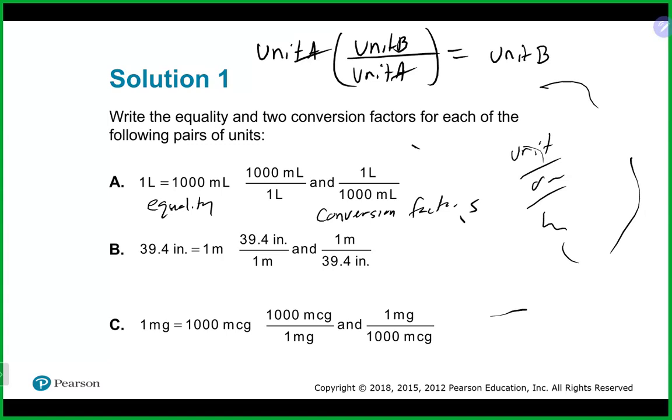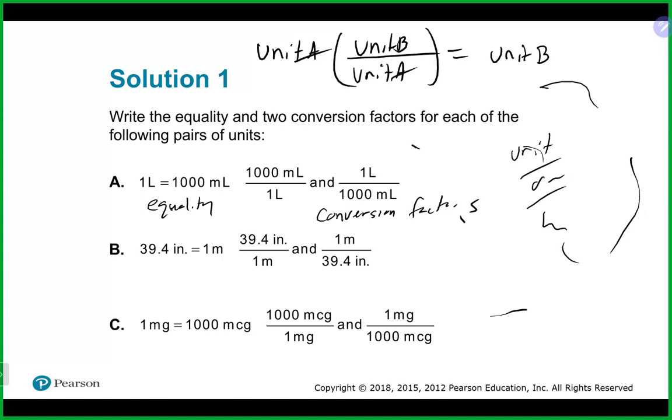So setting it up like this, where you can see the units, makes the math part something you really don't have to think about, because you can just look at it and go, everything on top I multiply, everything on the bottom I divide. Units are opposites of each other. Who cares about anything else?